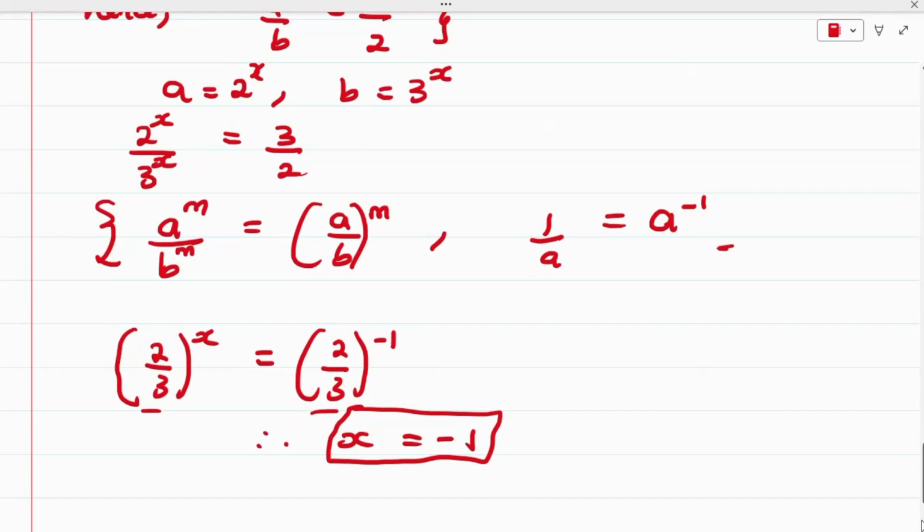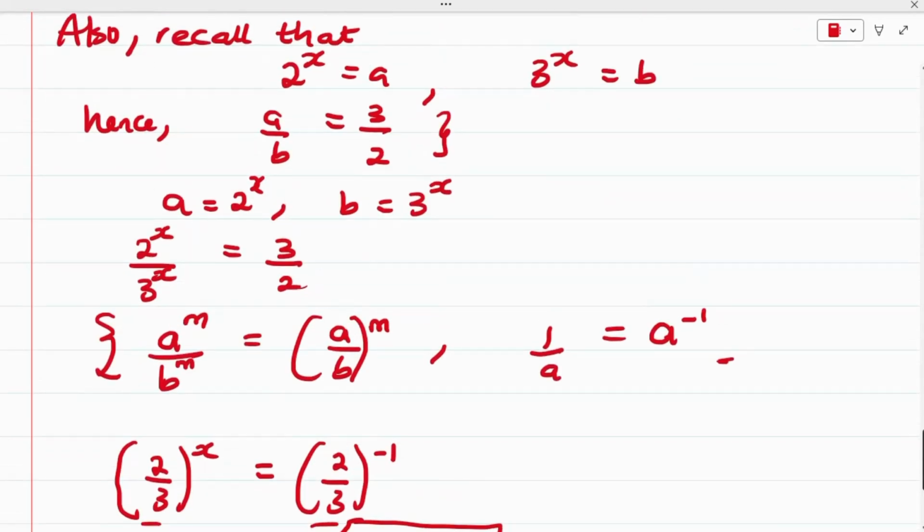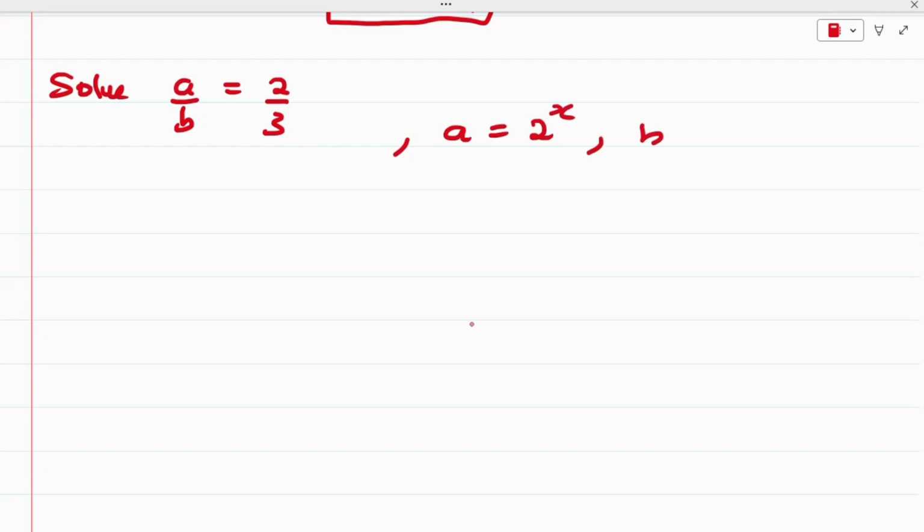So we have been able to solve for a over b equals to 3 over 2. From here, we want to simply solve for a over b, which is equals to 2 over 3, and we have that a is equals to 2 raised to the power of x and b is equals to 3 raised to the power of x. So from here we have that 2 raised to the power of x divided by 3 raised to the power of x is equals to 2 over 3.